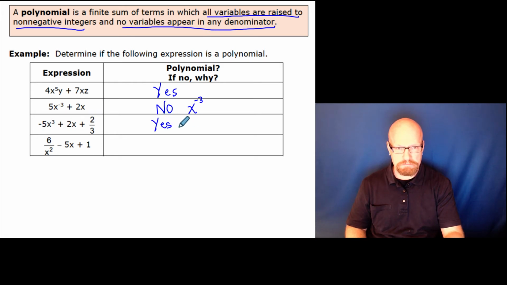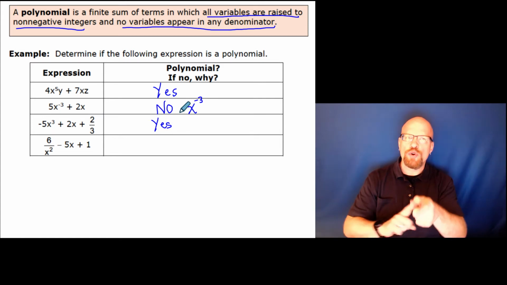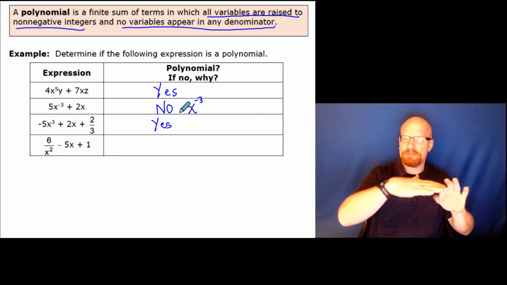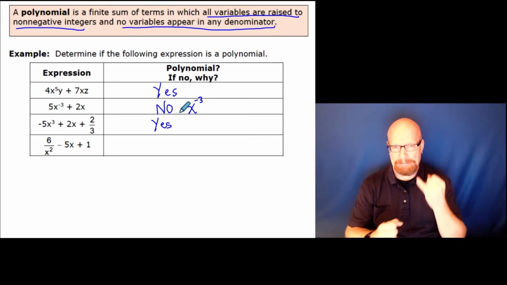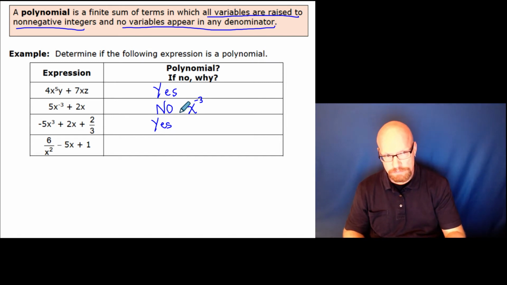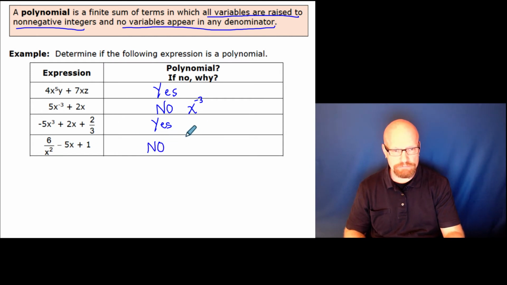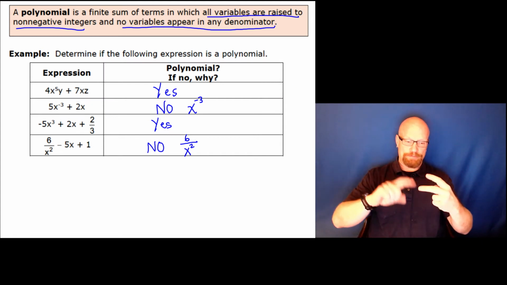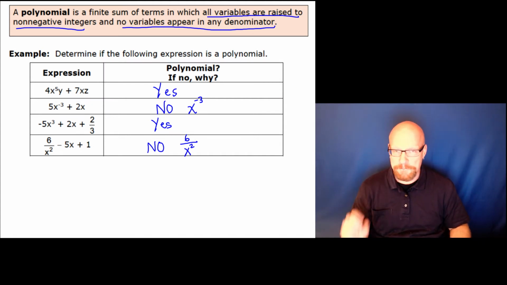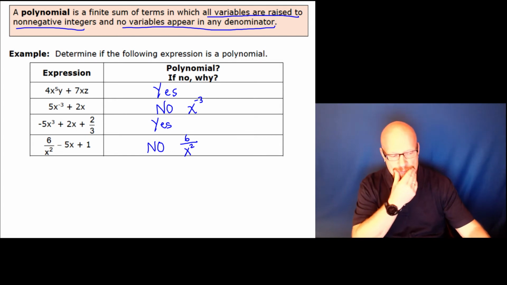And this one is qualified, but it has a fraction, 2/3. It can have a fraction. You just cannot have the denominator being a variable with an exponent. No. Having x squared in the denominator disqualifies this as a polynomial.